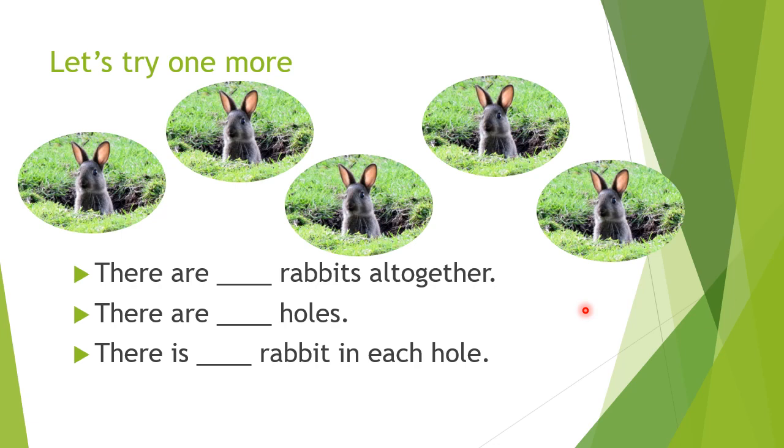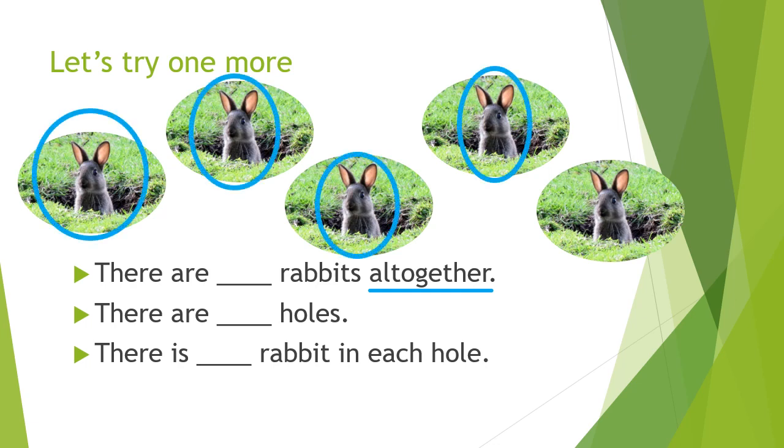Okay, so let's check. So there are blank rabbits all together. All together, artinya semuanya. Let's count how many rabbits there are. 1, 2, 3, 4, 5. There are 5 rabbits all together.